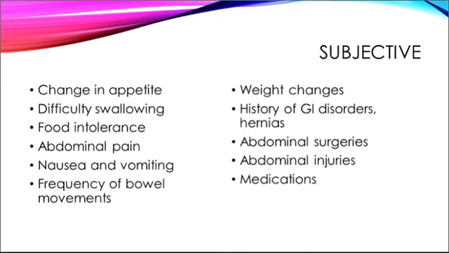Ask about any weight changes, any history of GI disorders, such as any ulcers, gastritis, have they had surgeries, have they ever had any kind of hernias, umbilical hernia, inguinal hernia, any type of hernia, any organs removed, have they had abdominal injuries, something recently, and any medications they are on, especially if it's for the GI system.